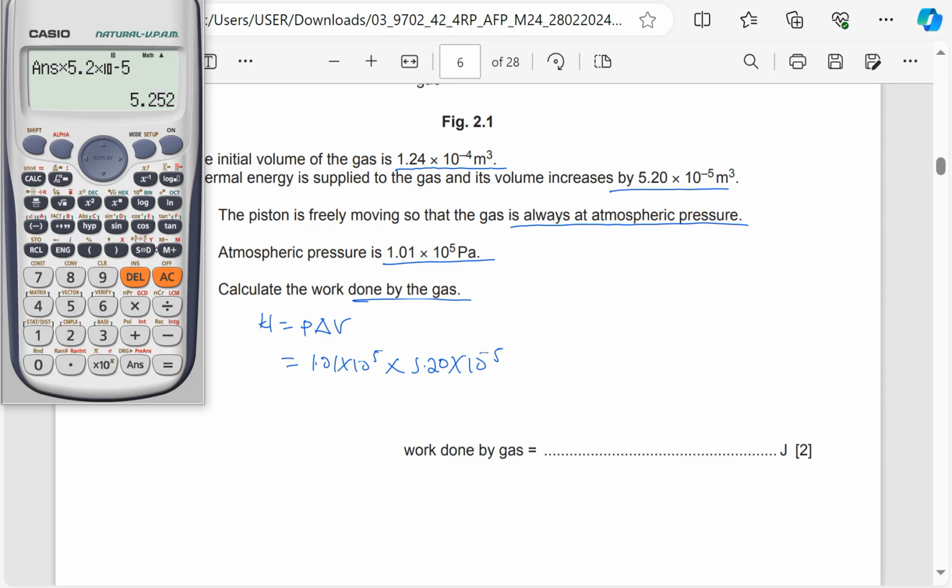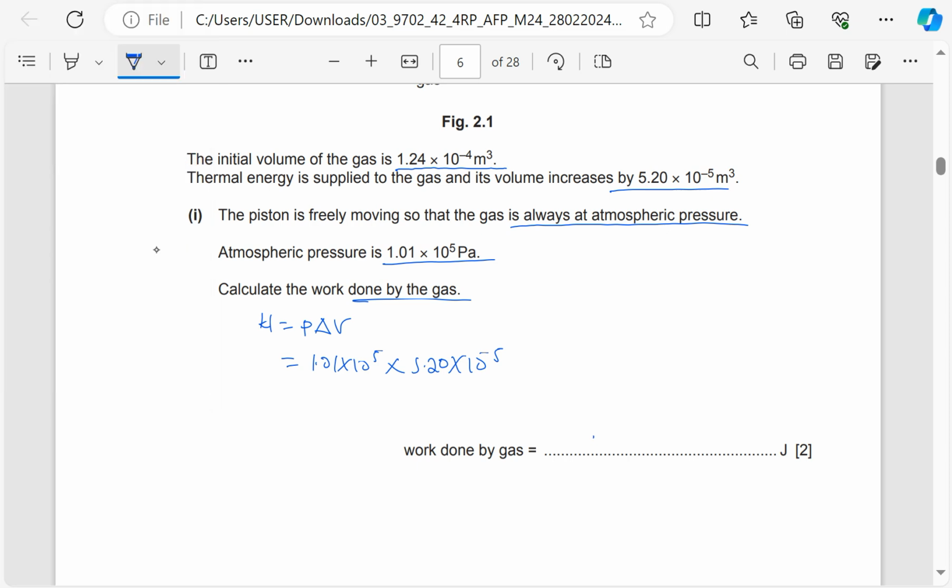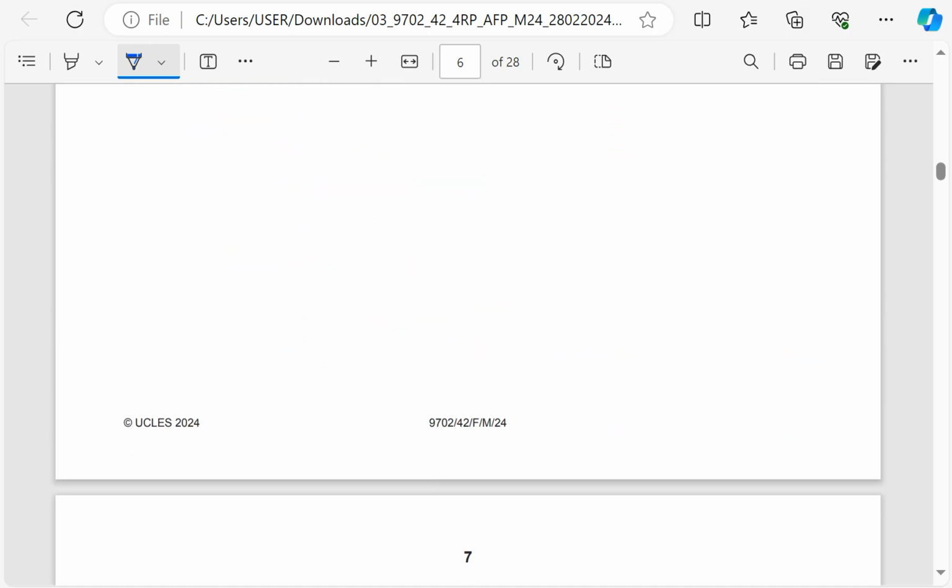This is giving me a positive 5.25 joules. I'm saying the work done by the gas is positive because the gas is expanding, but the work done on the gas would be negative.